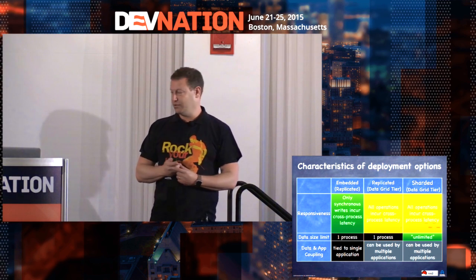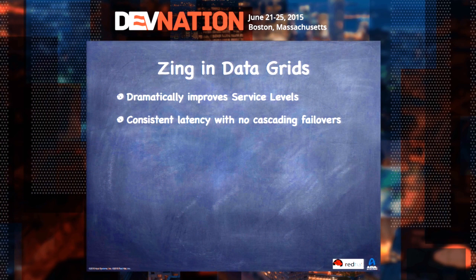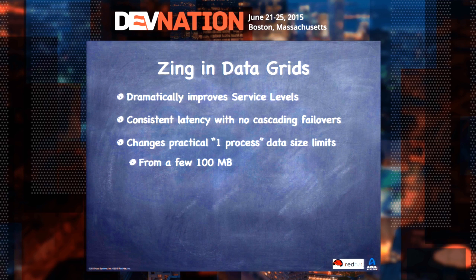So when you look at Zing and data grids, we dramatically improved the service levels because even on the distributed ones, you can go for tighter service levels without cascading failovers to work around glitches. But we changed the practical one process size by a little bit, from a few hundred megabytes to a few hundred gigabytes.